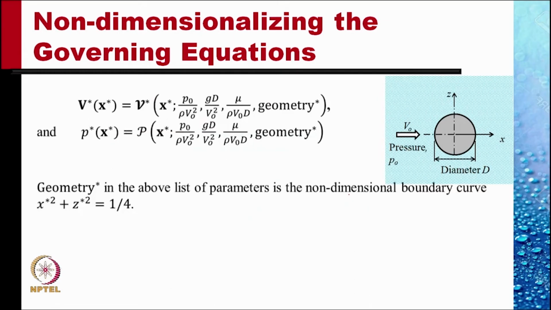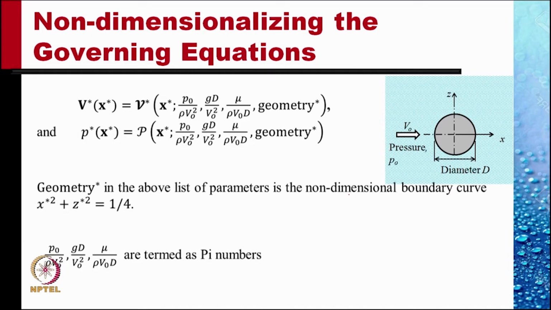Now, this represents a great saving from initially a dependent variable being a function of independent variable x star and the independent parameters, 6 of them. Now we had only 3 groups of independent parameters.